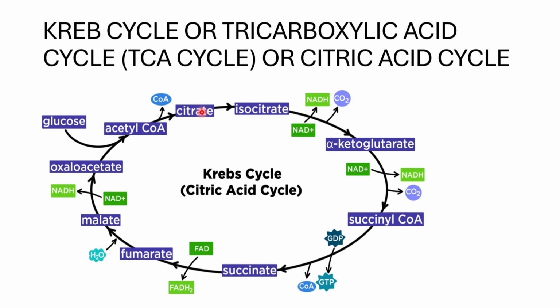Citrate undergoes isomerization to form isocitrate, and isocitrate will also undergo oxidation by removing one molecule of carbon dioxide to form alpha ketoglutarate. And alpha ketoglutarate formed here will also be converted to succinyl-CoA. From succinyl-CoA to succinate, also from succinate to fumarate, and fumarate to malate. Then we get to oxaloacetate. So the process will continue again.